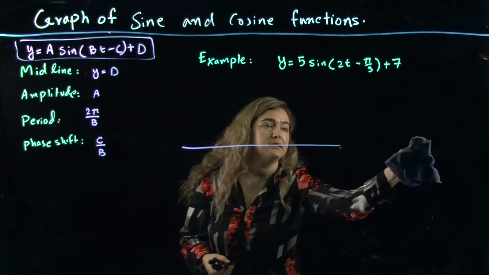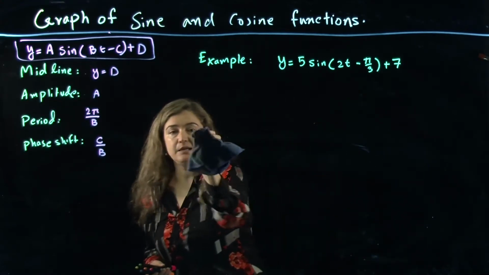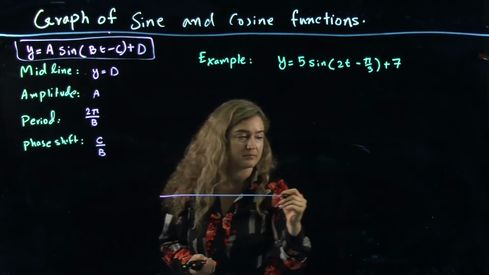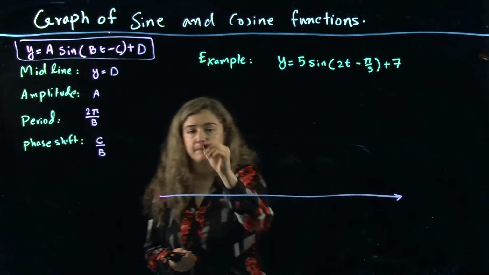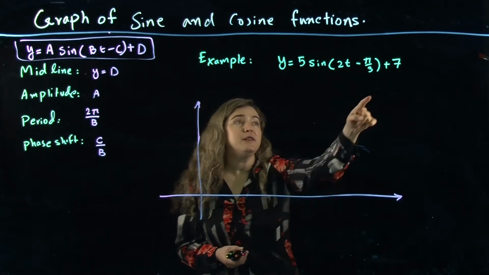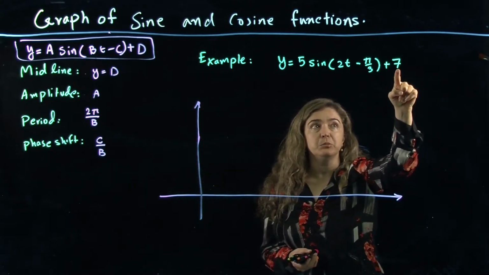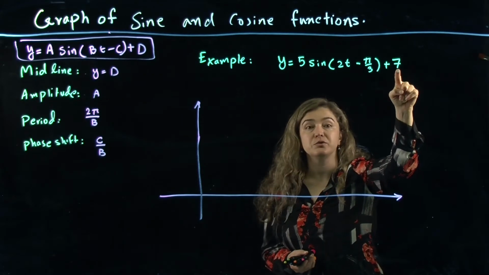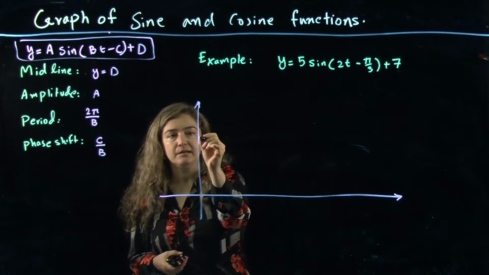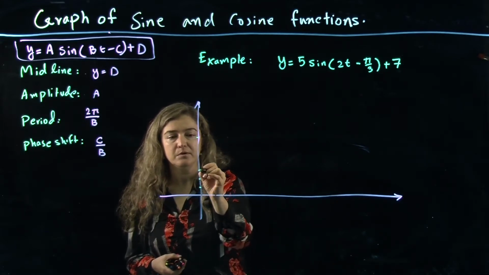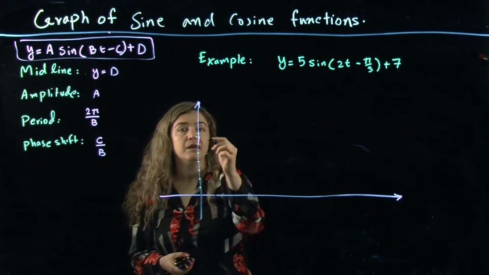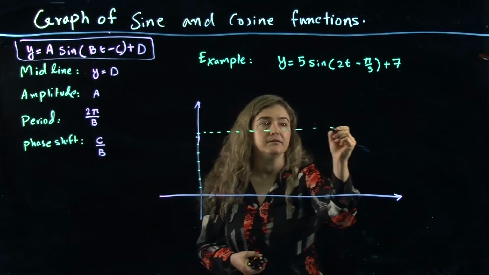I start again with a t-axis and a y-axis. I know that the midline has moved to y equal to 7, so I'm expecting around y equal to 7, let's say 1, 2, 3, 4, 5, 6, 7, up there to have a midline.